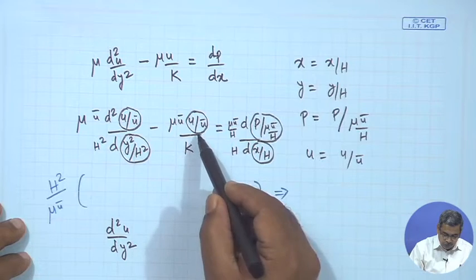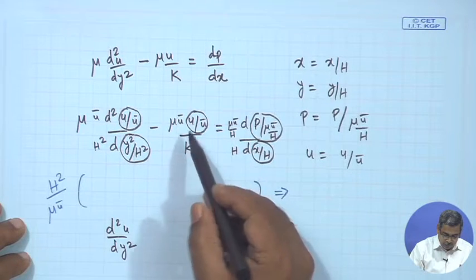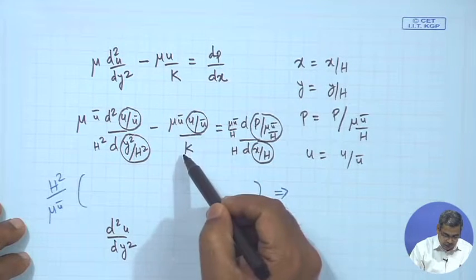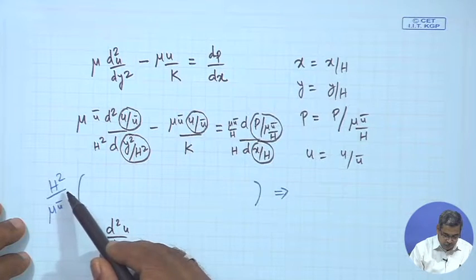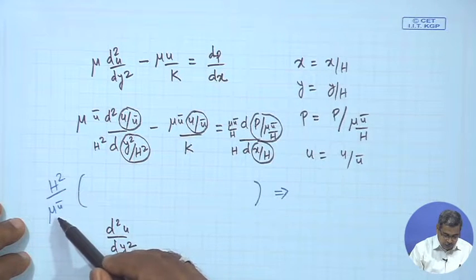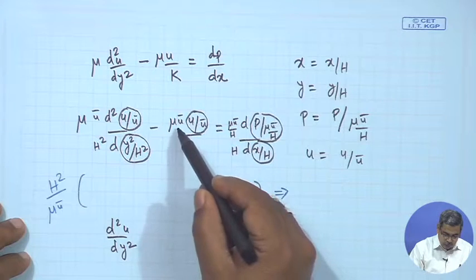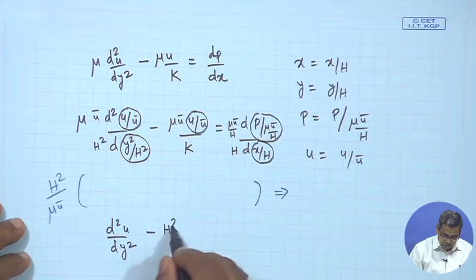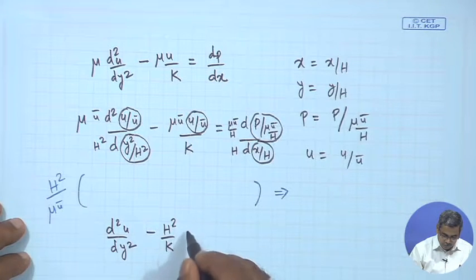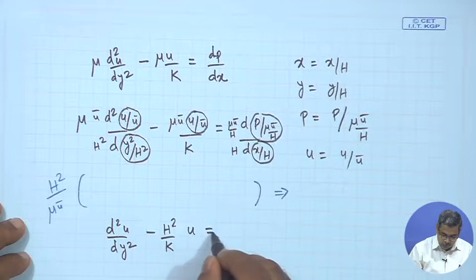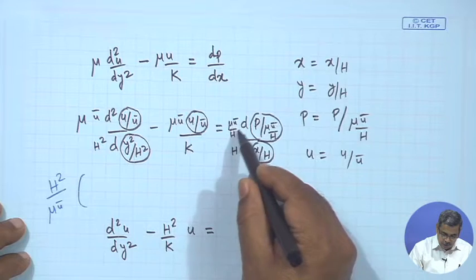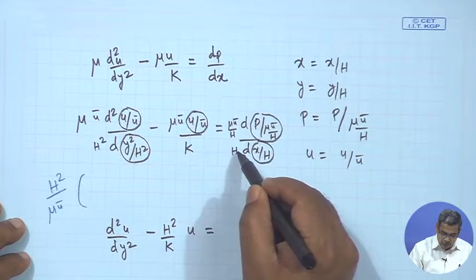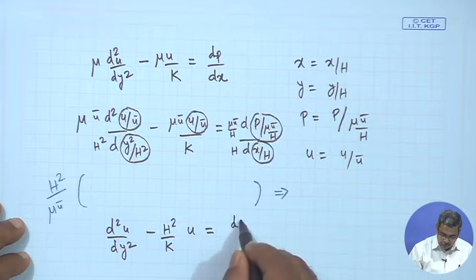So, now look at this quantity. You have μ u bar by k and we are multiplying by h square by μ u bar. So, μ u bar gets cancelled and then we get h square by k u equals, and here also we have exactly μ u bar by h square.